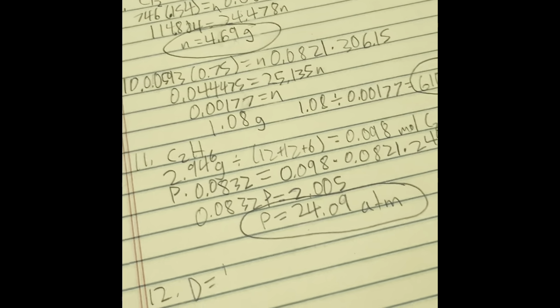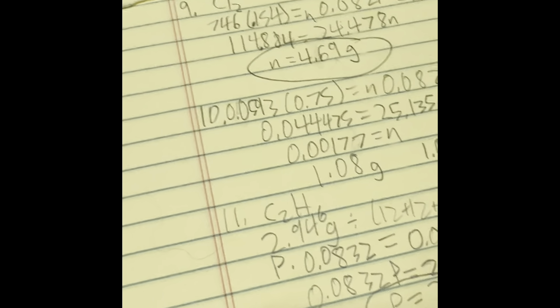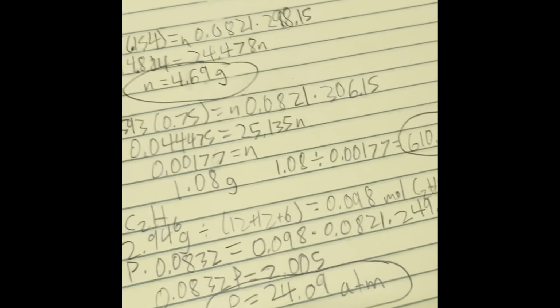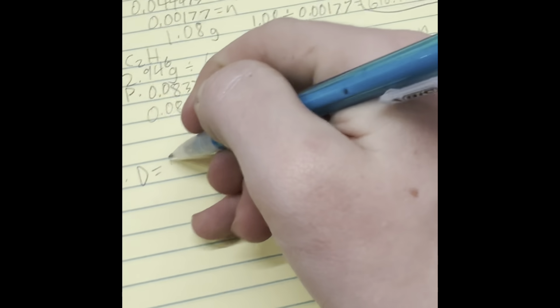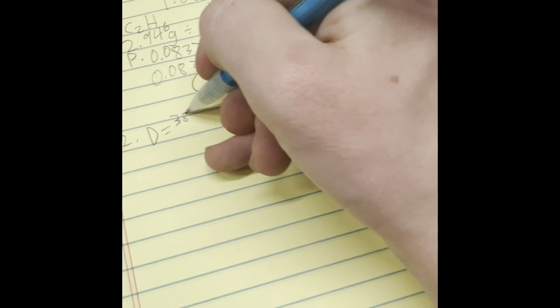Fluorine would be F2, so 19 times 2, 38 molar mass. I can ignore the multiply by 1. Divided by 0.0821 times the temperature, which is 273 kelvins because we're at STP.